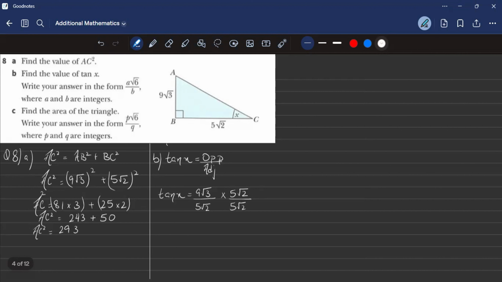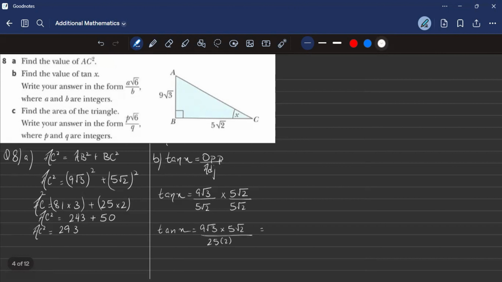So tan x is equal to 9 under root 3 multiplied by 5 under root 2, divided by 5 fives are 25 multiplied by under root 2 times under root 2, which is 2.